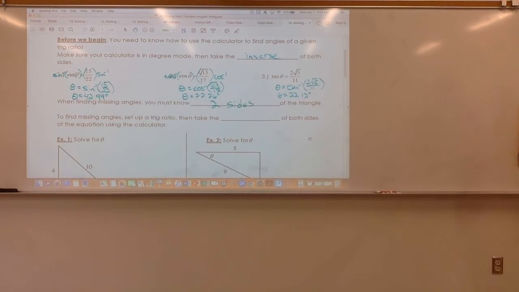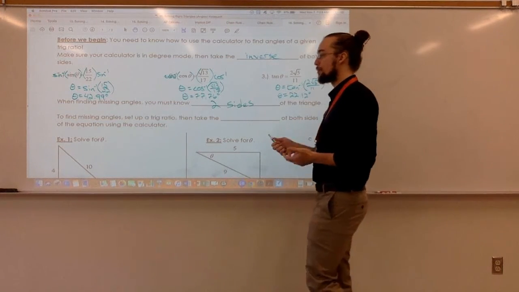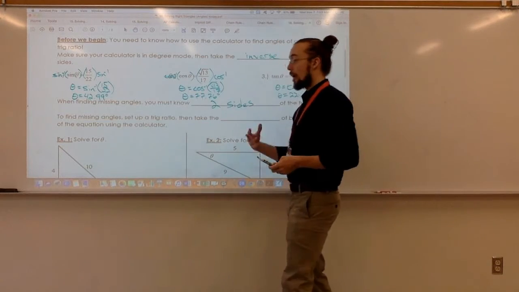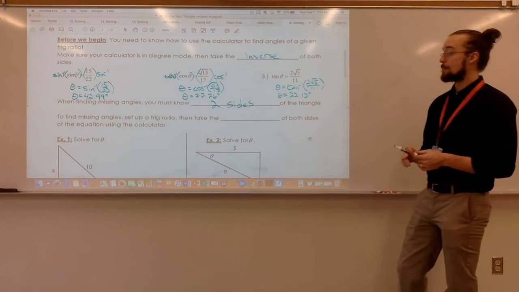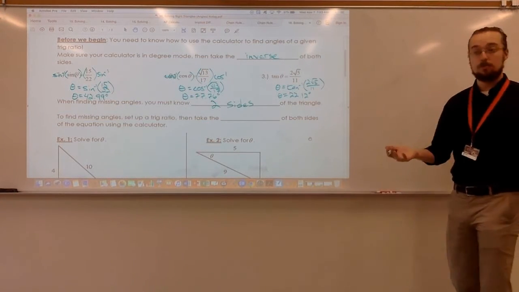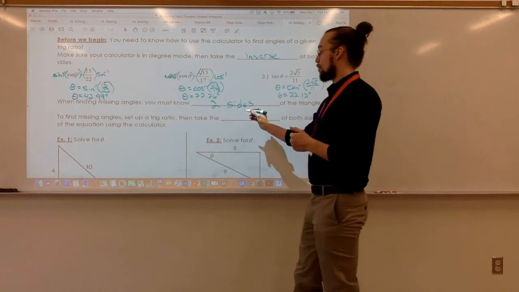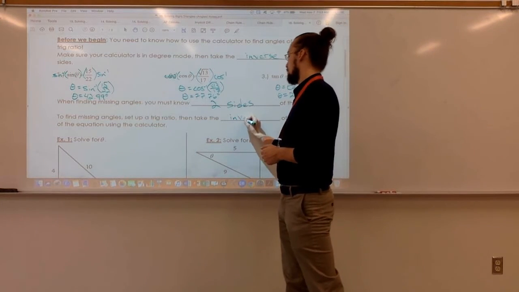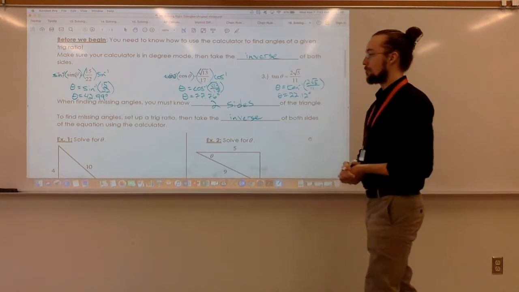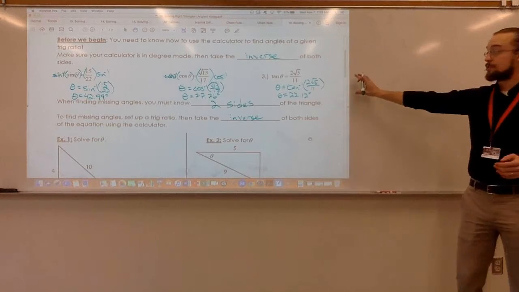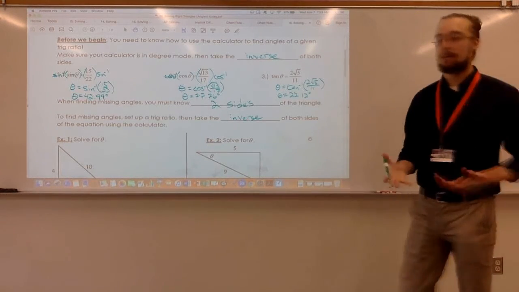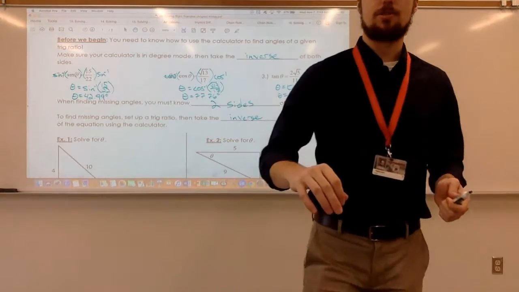We could know 3, but we only really need 2 sides in order to find the missing angle. We're going to set up a trig ratio just like we've been doing, but now we're going to take the inverse of both sides, like what we just practiced here. Let's see what that looks like in practice.